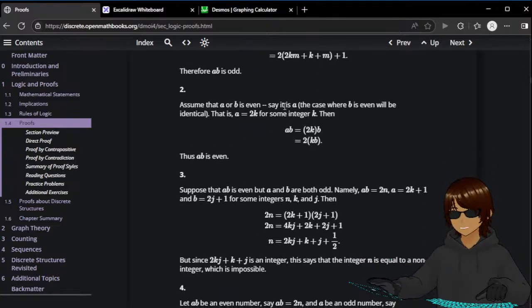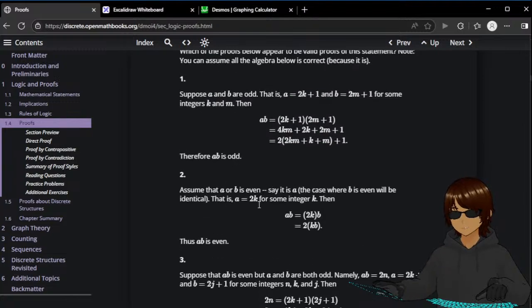Assume that A or B is even. Say that it is A. That is, A is equal to 2k for some integer. Then AB is equal to 2kB, and then AB is even. But the thing is, this proves that if A or B is even, then AB is even.